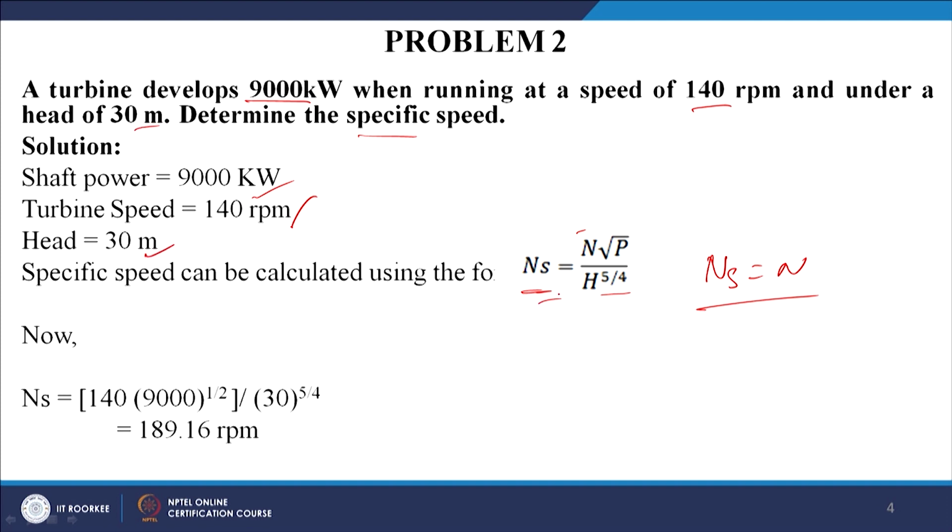So, we will put these values here: 140 into 9000 to the power half, that is power rating to the power half, divided by 30 to the power 5 by 4. And we are getting 189.16 rpm. So, 189.16 rpm is the specific speed of that turbine.